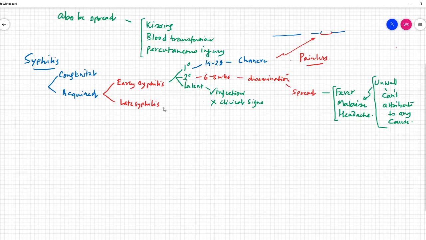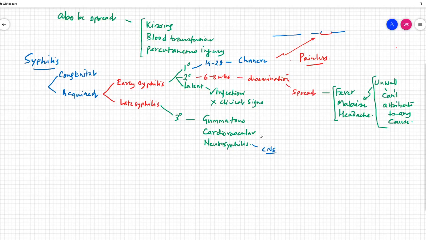Now, the late syphilis is also called tertiary syphilis, and this is the most important complications of syphilis. Okay, it presents in three ways. One is gummatous syphilis, then there is cardiovascular syphilis, and then there is neurosyphilis. So, neurosyphilis, obviously it has got CNS presentation.